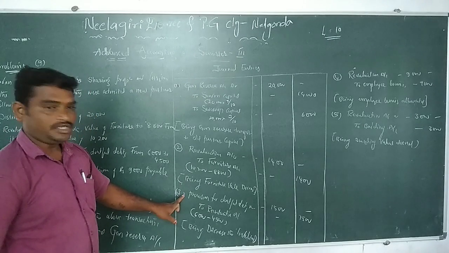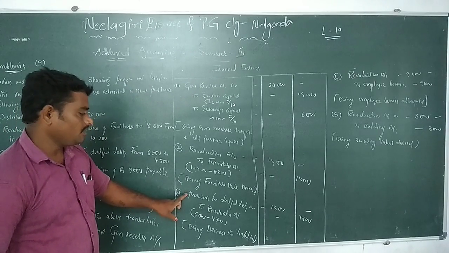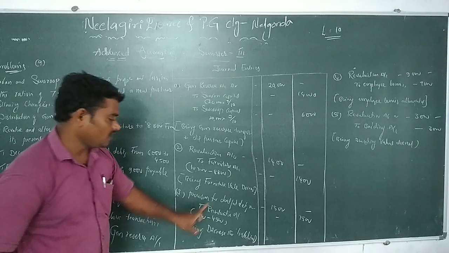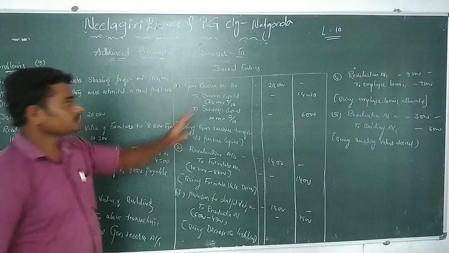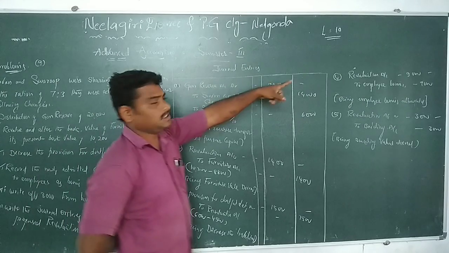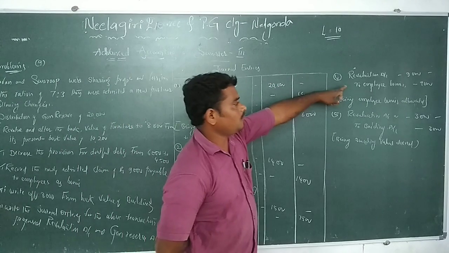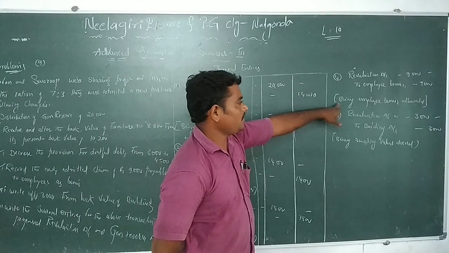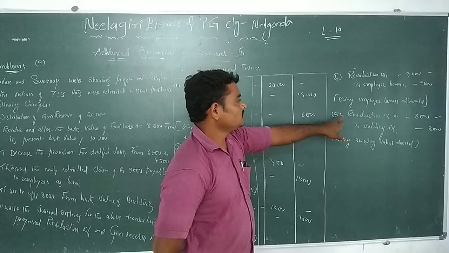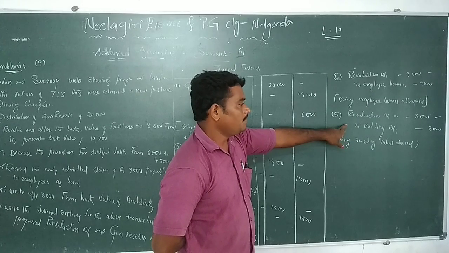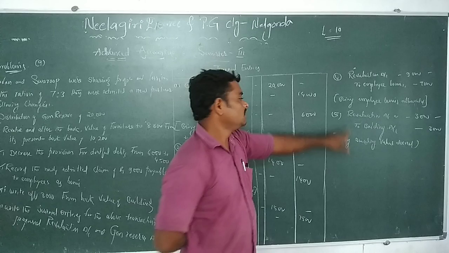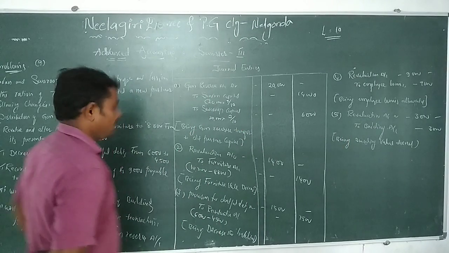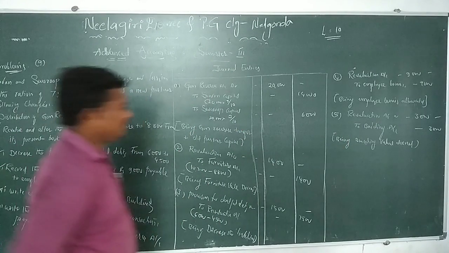Next, decreasing liability: provision for doubtful debts account debit to revaluation account, 6,000 minus 4,500. When employee bonus is allocated: revaluation account debit to employee bonus account, 9,000. Revaluation account debit to building account with the asset value decrease; written off means depreciation.